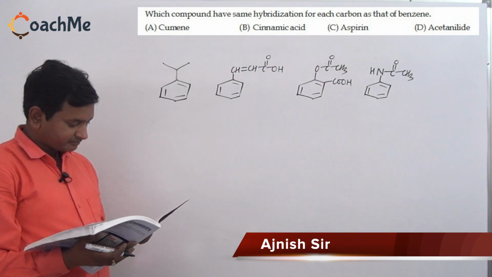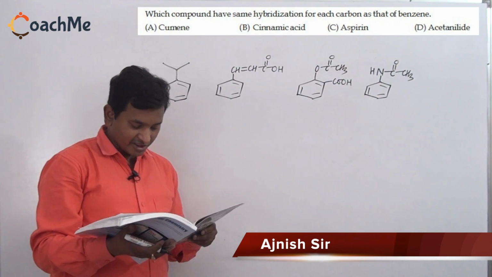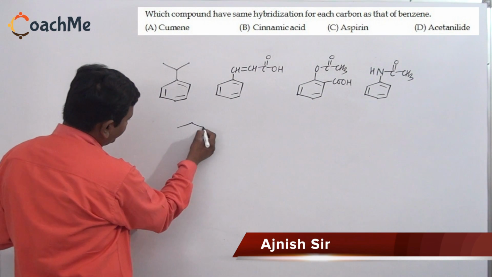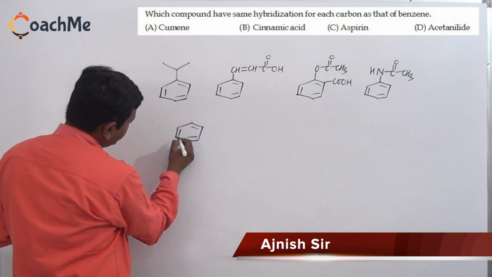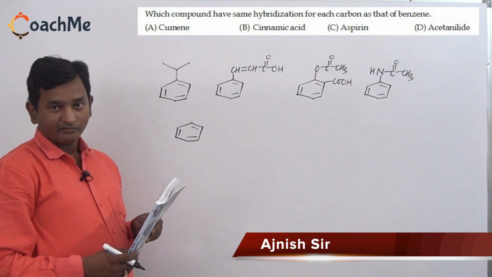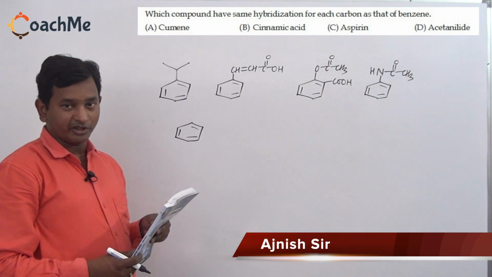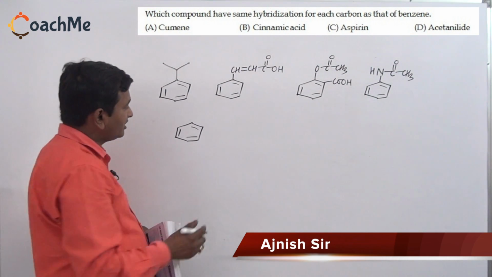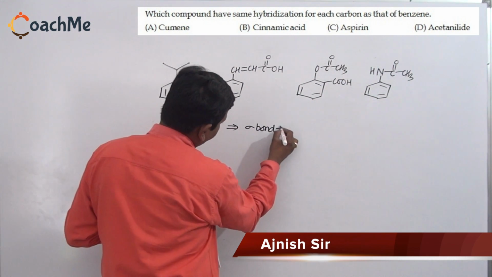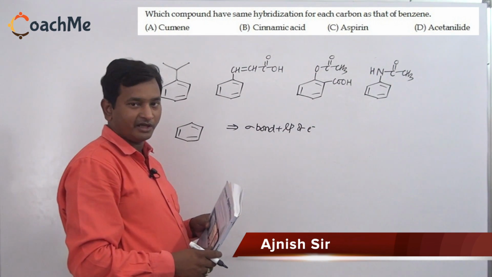The question is, which compound has the same hybridization for each carbon as that of benzene? The structure of benzene will be like this. If you are asked about the hybridization of any atom in a molecule, you must know the sum of sigma bonds plus lone pairs of electrons, if that atom has any.